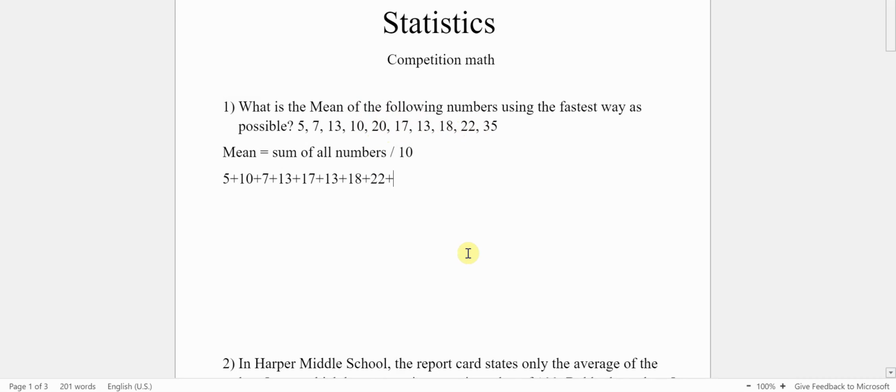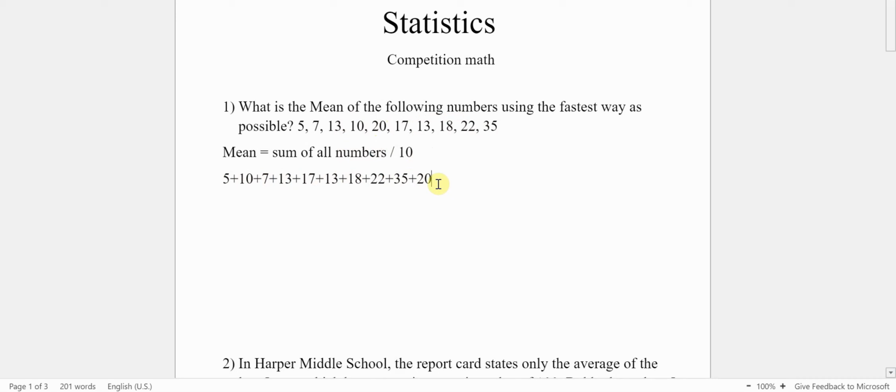And then we have 35 and 20. I think that's all we have. Let's check how many numbers there are. There's 10 here. We already counted that. 1, 2, 3, 4, 5, 6, 7, 8, 9, 10. Yeah.